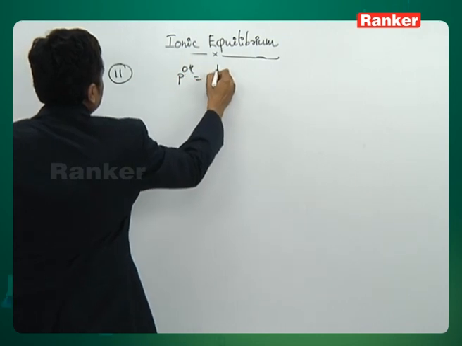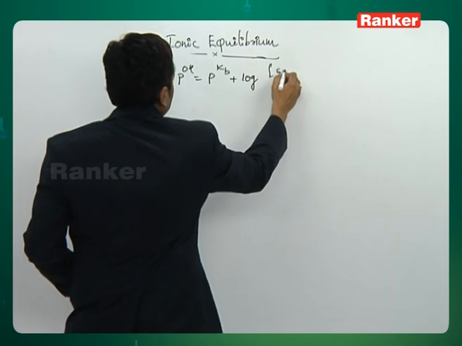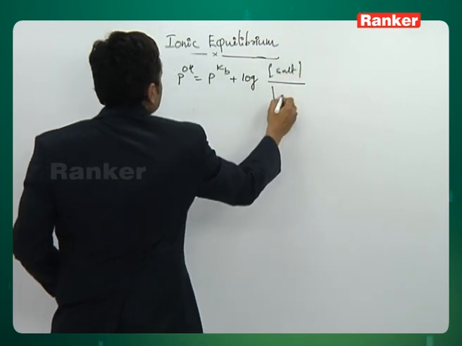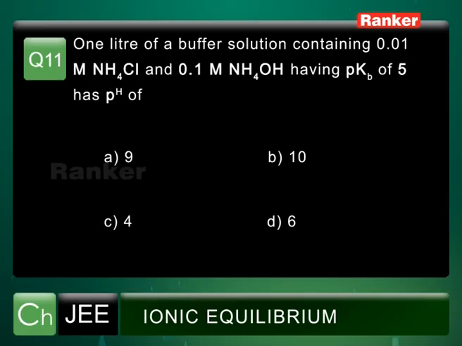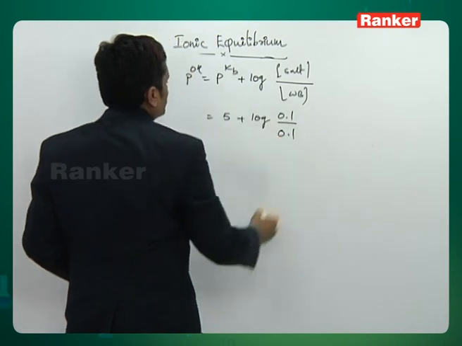To find the pOH or pH, we will be using this expression: pOH equals pKb plus log of concentration of salt upon concentration of weak base. In this question, the pKb value is directly given as 5, plus log of the concentration of salt, which is 0.01, upon 0.1.